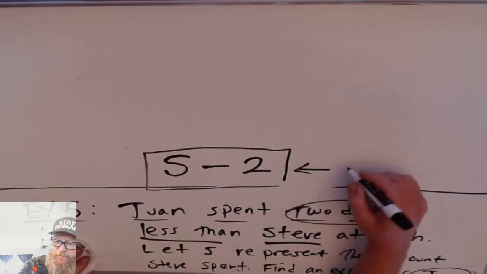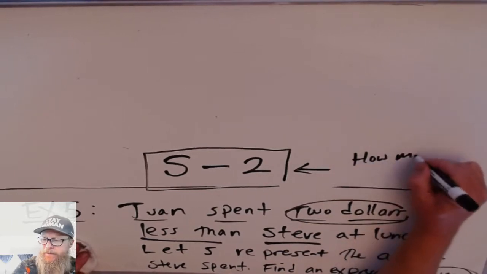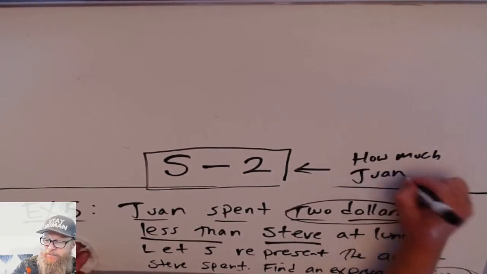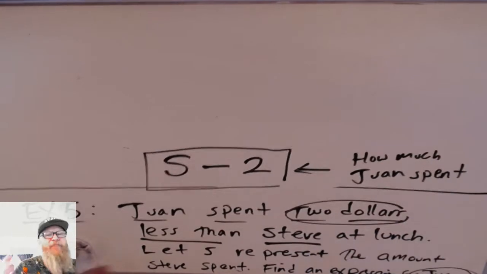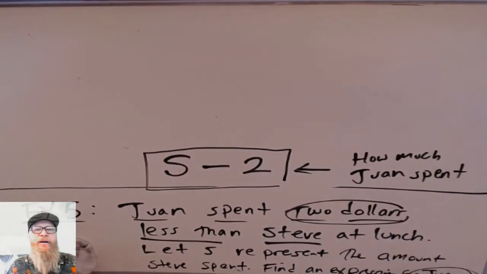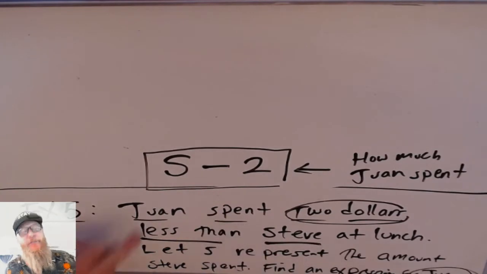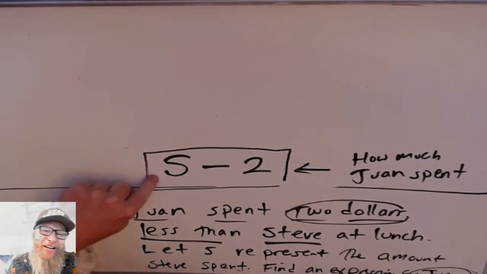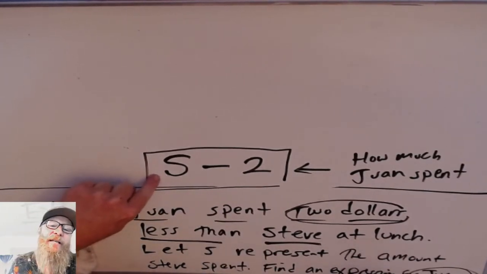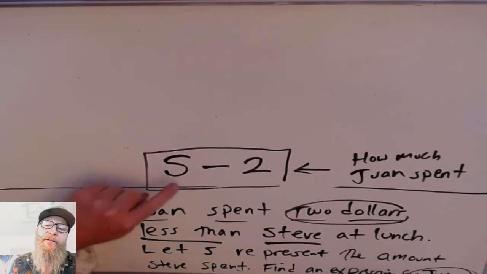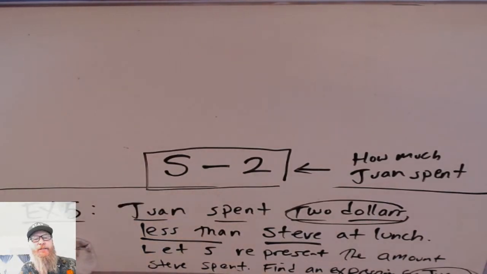This would represent Juan. And again, we're not making variables for both characters here. We're just making a variable for the one that we're instructed to. So in this case, S. Now you've got to be careful with sloppy s's. Sometimes they tend to look like 5s or something like that. So I'll leave that to you.